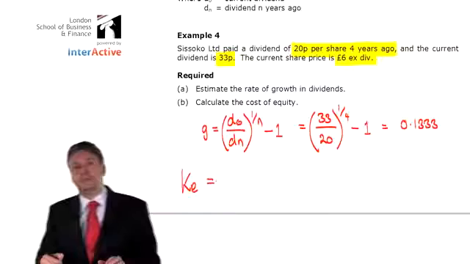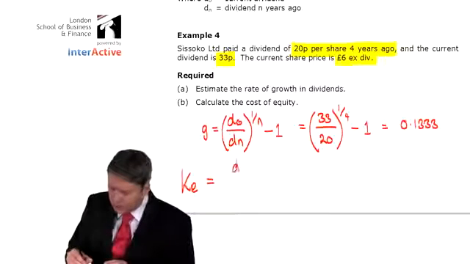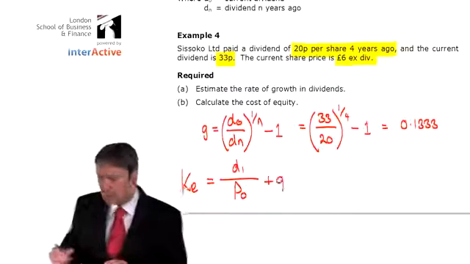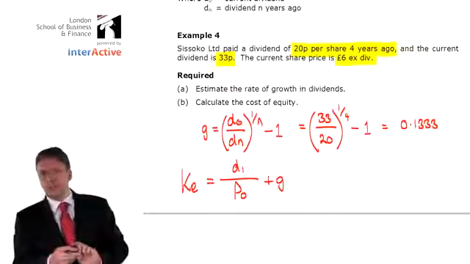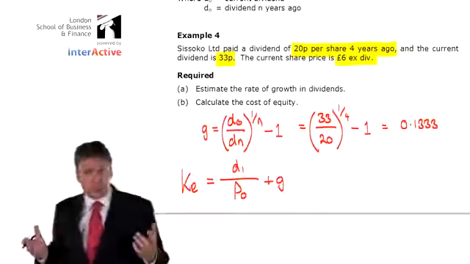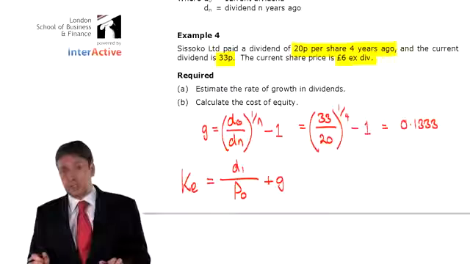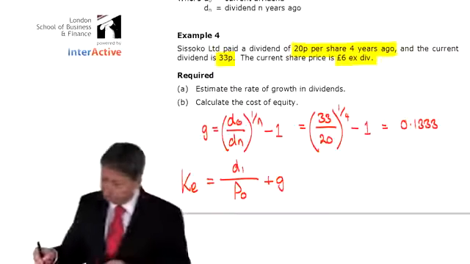Now we can calculate Ke. I've said to you, Ke equals D1 over P0 plus g. If we write it this way, we have to remember that D1 is in 1 year's time, and because of that, we have to add 1 period of growth to it.